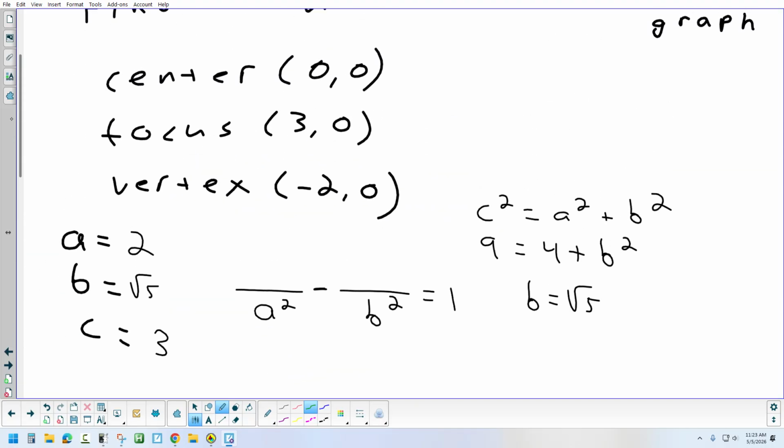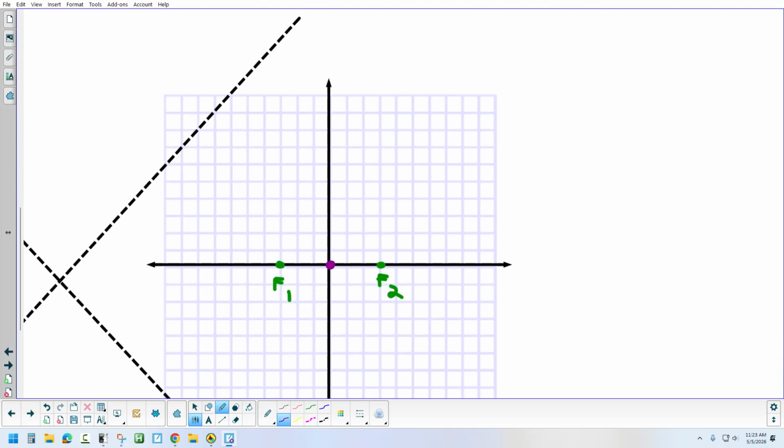And you've got a vertex at negative 2, 0. And if you've got a vertex at negative 2, 0, you have another vertex at positive 2, 0. So knowing that our hyperbola is going to wrap around the foci, just a really bad sketch, it's going to be something like that.